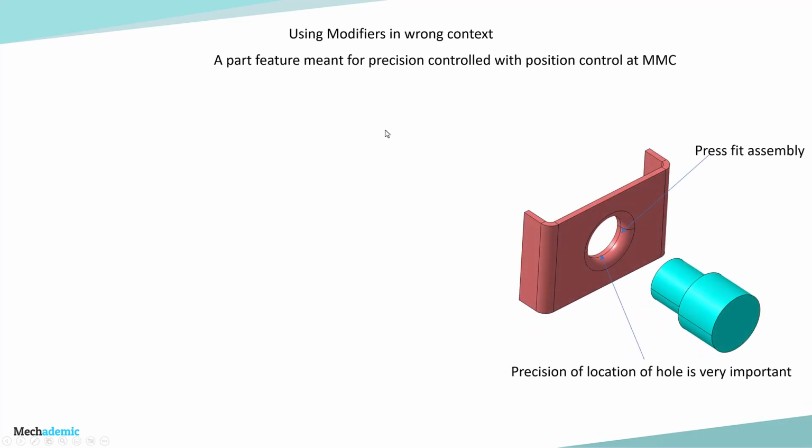So here is the example. Let's say we are having a part like this, and this plug has to go inside this hole, and the location of this hole is very important as compared to the datums. So the precision of location of the hole is very important for this press fit assembly.